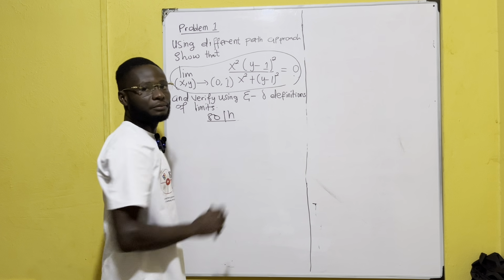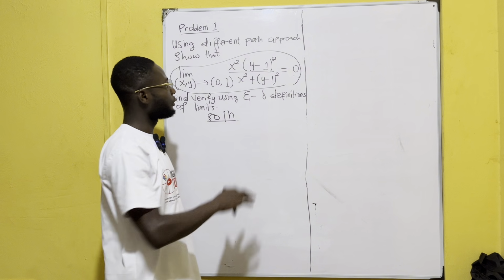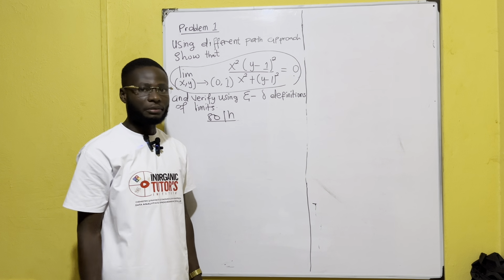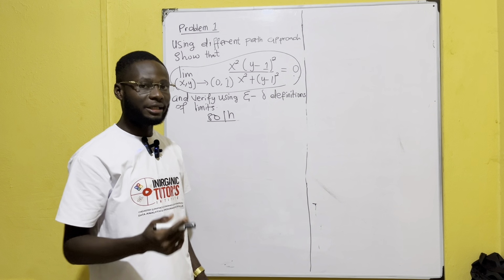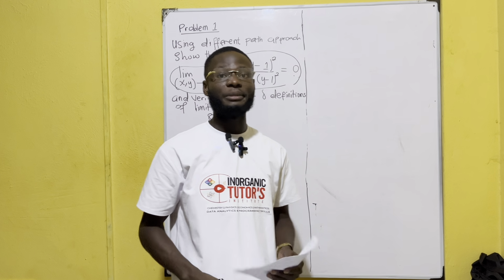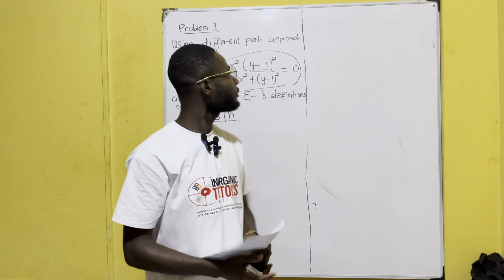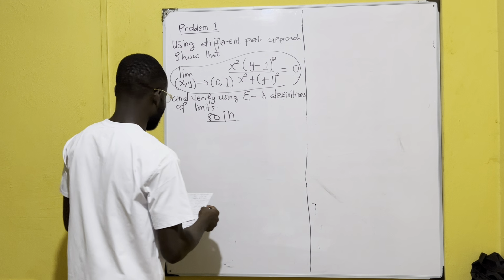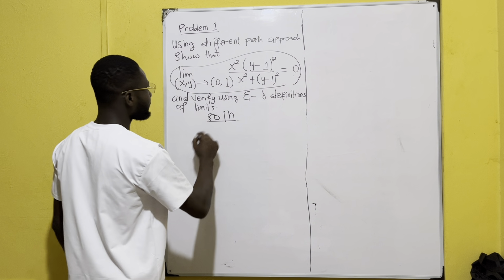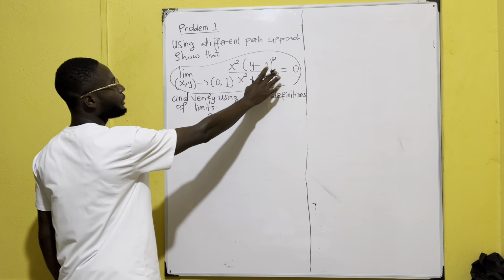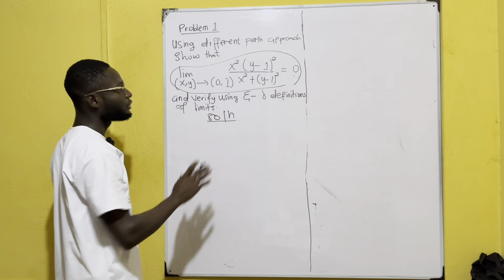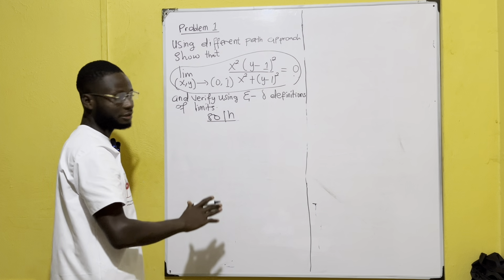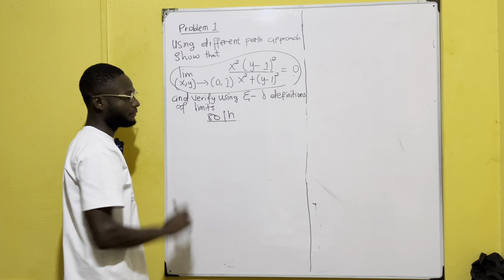In this problem, we can't use the direct substitution, looking at the nature of the problem. So we have to use the squeeze-based approach. So let's use that. Let's assume that the function is there. We don't need to write it here again.